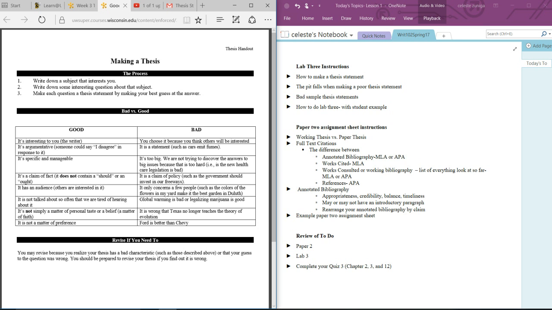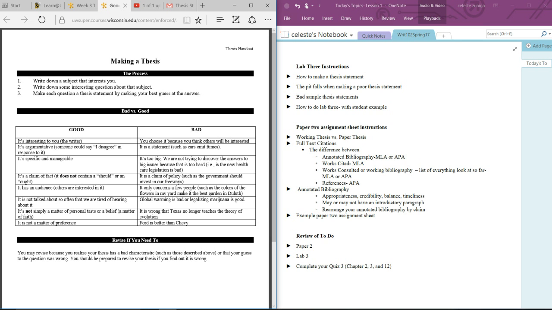So a big one that undergraduate students make when they're writing thesis statements is it's not argumentative, right? So in a really good thesis statement, there are two sides to it. That means people both disagree and agree on the actual statement sentence, the working thesis statement that you made. Here's a good test for that. So if you took a room full of rational people, that's very key what I just said.